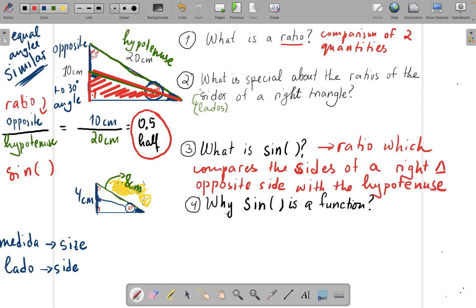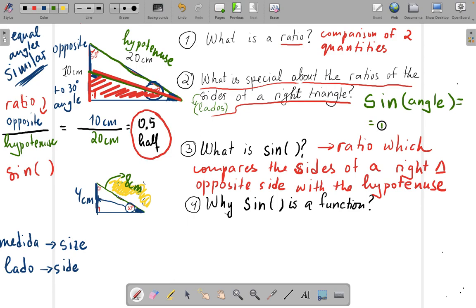So, what is special about the ratios of the sides of a right triangle? We have many ratios in the world, but what's special about those ratios is that they have names. Okay, tienen nombre. So, one of those names is sine. Y como yo dije, sine depende del ángulo. Okay? So, sine es un ratio, okay?